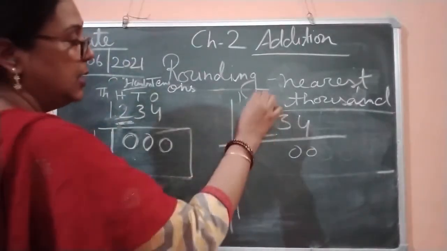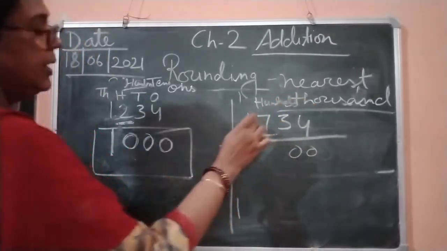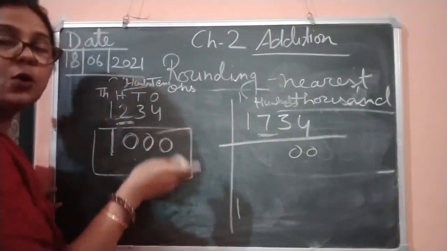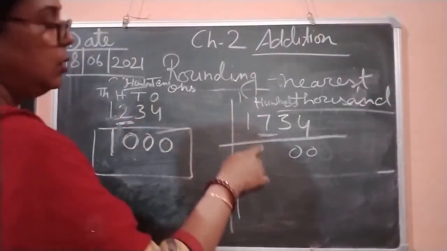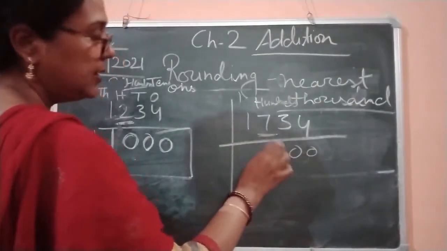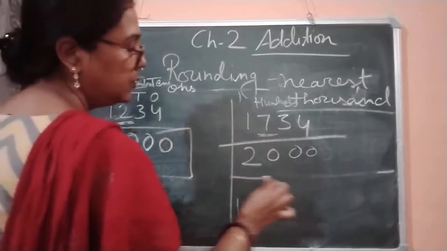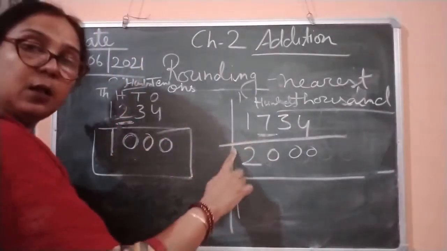Now first we will see the hundreds place. There you can see 7 is there. So 7 is a strong number, more than 5. So we will write 0 first, but 1 will be carried over to this, so it will become 2000, because this is a strong number.